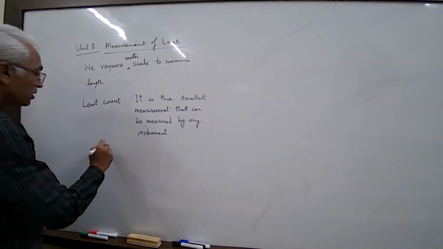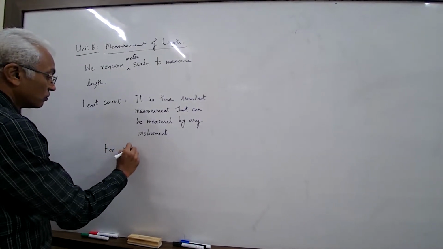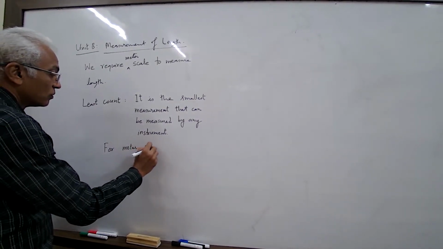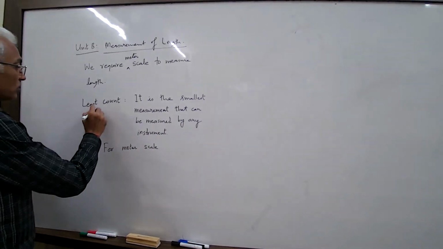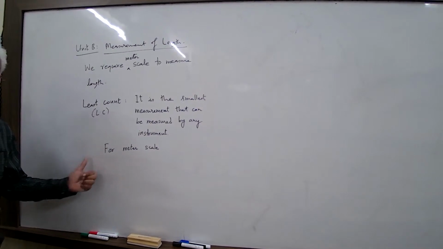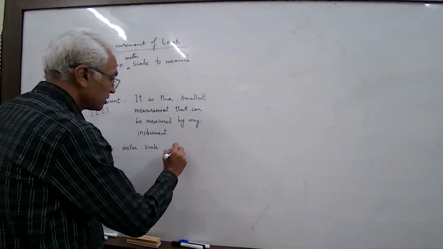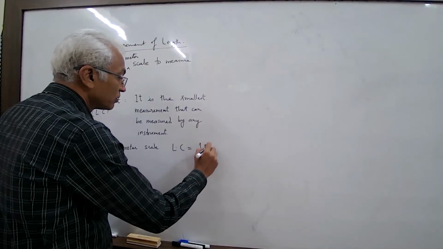So for meter scale, least count is also written as LC. Okay, short form is LC. So for meter scale, least count is equal to how much? 1 millimeter.